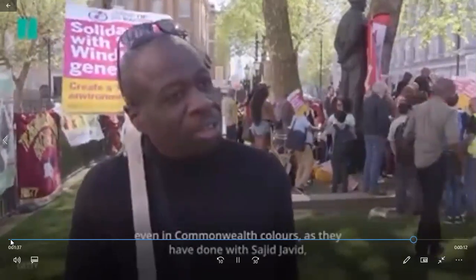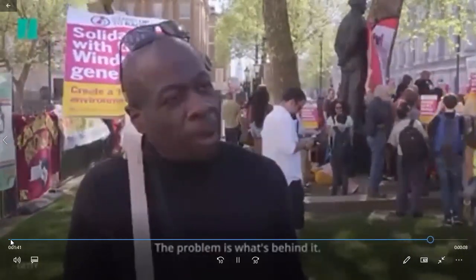We have essentially a cover-up where the government denies people their basic rights, and were exposed by the press, not by their own self-examination. And I do believe that if you have a rotten building, even if you paint it outside, even in Commonwealth colours, as they've done with Sajid Javid, put a new person in, the problem is what's behind them. And those people have not got their rights yet.